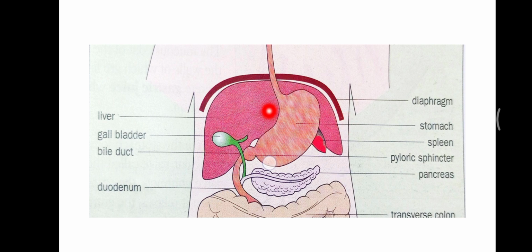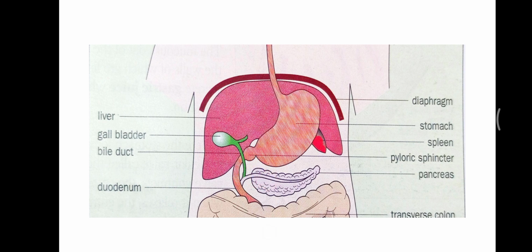So we can say it lies immediately below the diaphragm to the right side of the body, and its upper surface touches the diaphragm. Here you can observe upper surface is touching the diaphragm and the lower surface is in contact with the stomach and the small intestine.